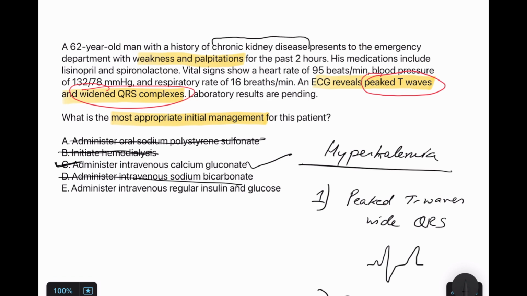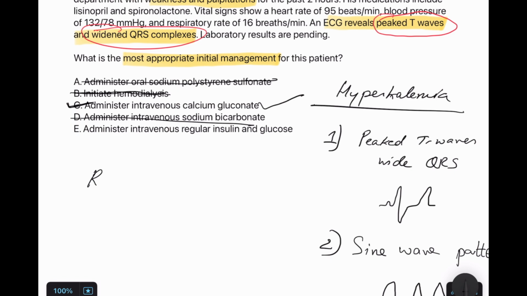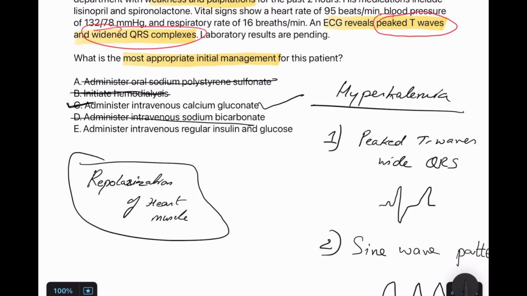Now why does hyperkalemia have these effects on the heart? See, potassium causes something called repolarization of heart muscles. That's what potassium is going to cause. So what do we mean by repolarization?